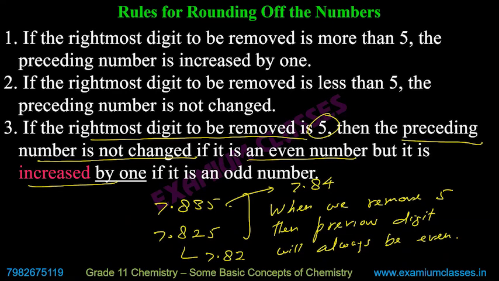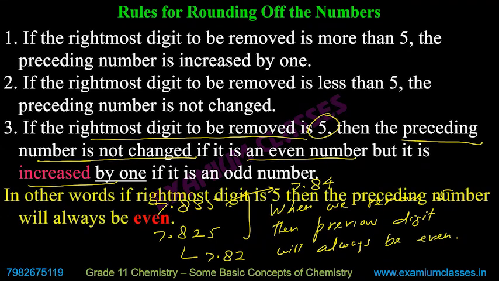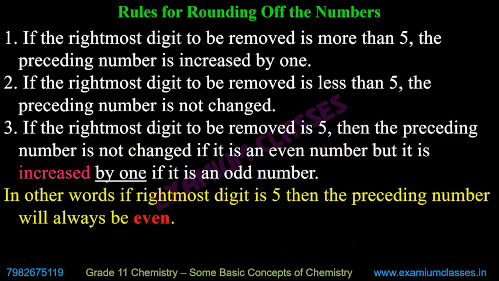Less than 5, remove it. Don't do anything. Yes, Samad, your answer is correct. So in other words, if the rightmost digit is 5, then the preceding number will always be even.